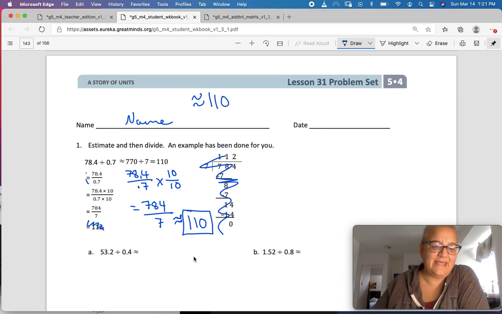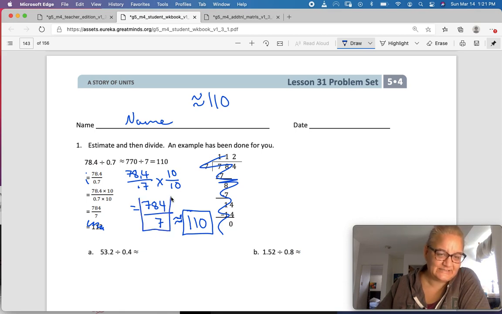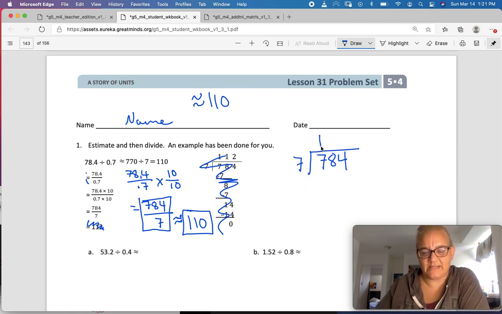Okay. Now we're going to actually do the division and come up with the real answer. So just what I did here is I moved those decimals out of the way. And now I can divide this pretty easily. 784 divided by 7. Well, 7 goes into 700s 100 times. I'm going to put this in the 100 spot.